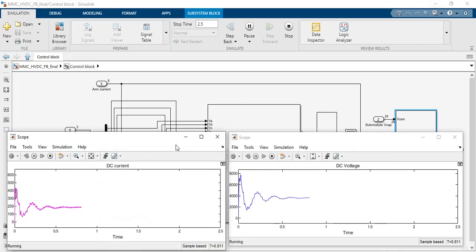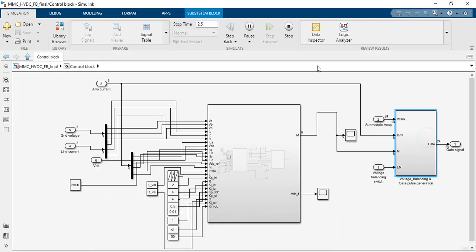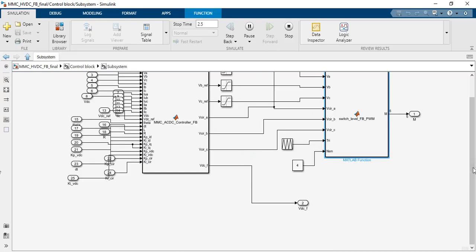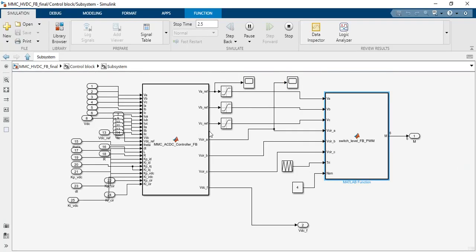We also have this control over here. So basically this AC-DC controller will give us the reference voltages for the modulation signal. It will also give us the voltage that needs to be subtracted from this modulating signal, so that the circulating current is controlled, right?